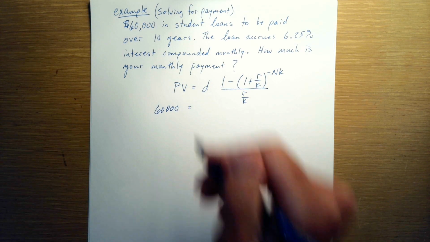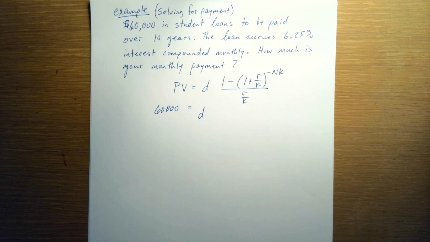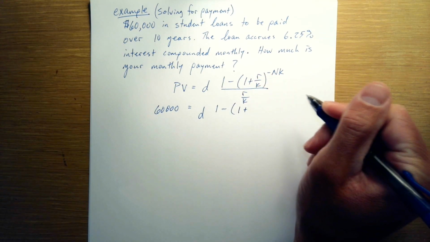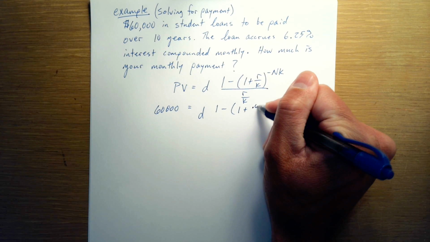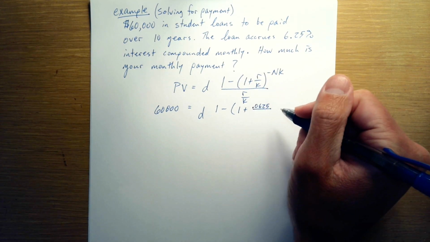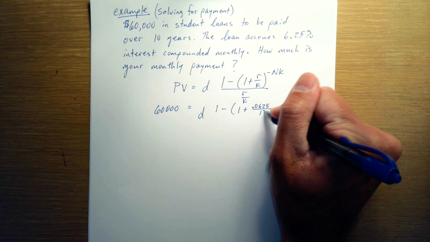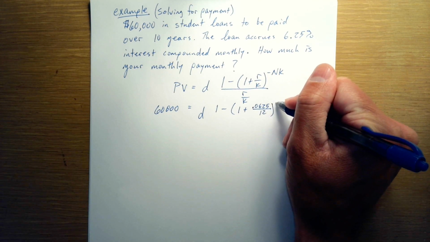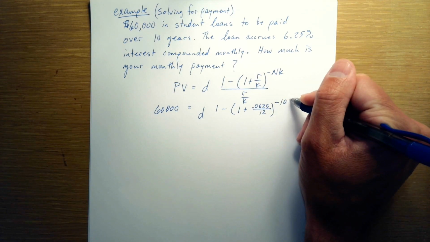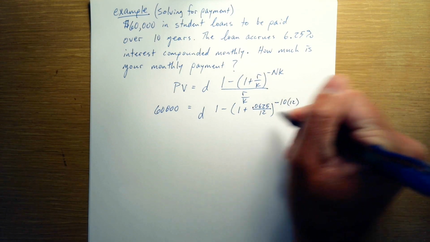That's what we have to pay off. D is what we want to solve for. And the rest of this we know. So this is 1 plus R, which is 0.0625. That's our 6.25%. It's compounded monthly, so K is 12. And we're going to pay it off over 10 years.